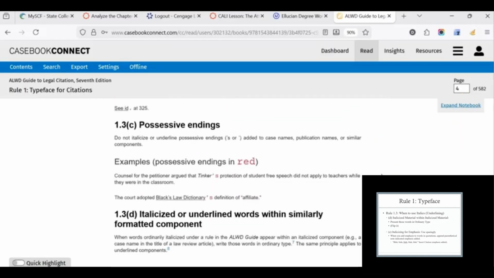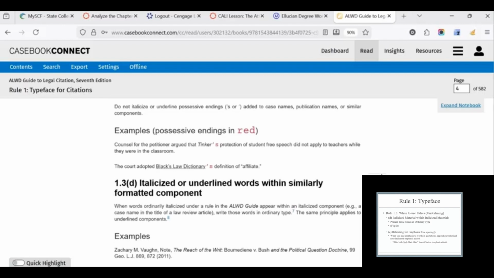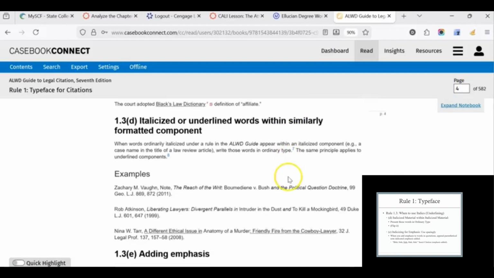On the top of page 4 is Rule 1.3d as in dog. And then what happens if something within the name is italicized already or underlined already? Well, you just flip it because it's got to look different.